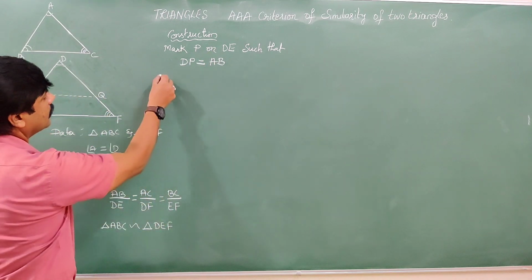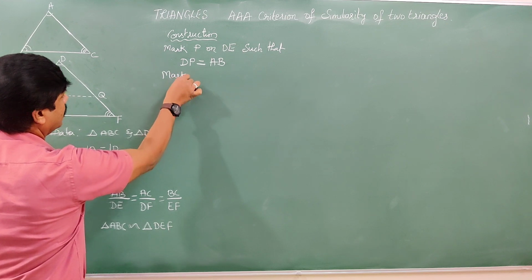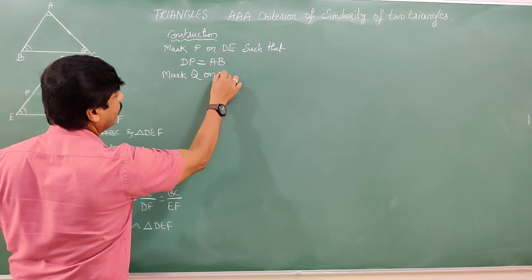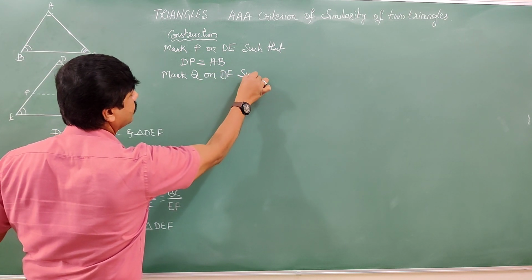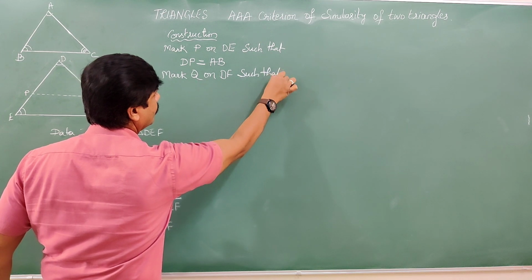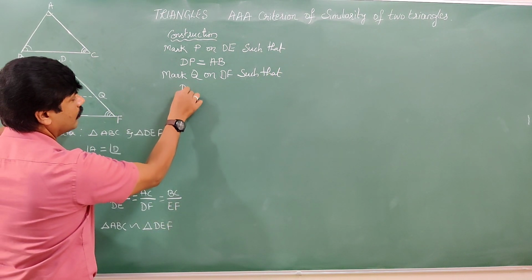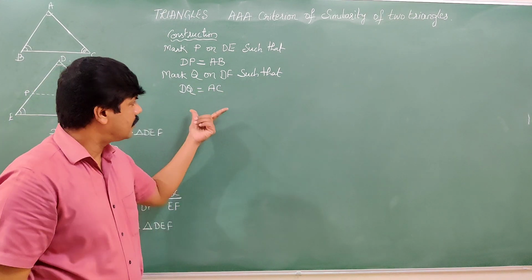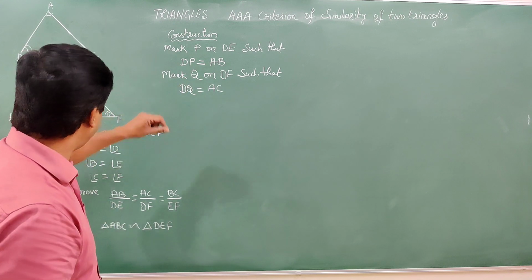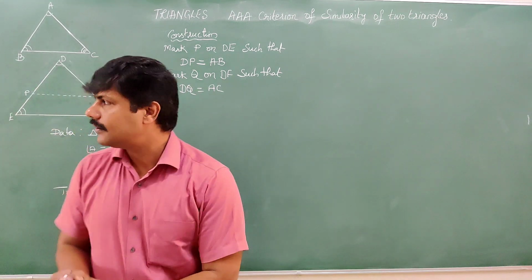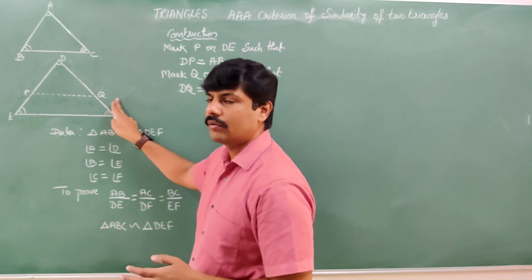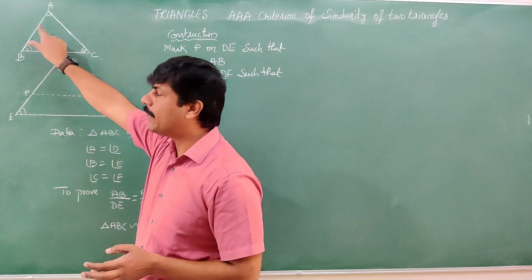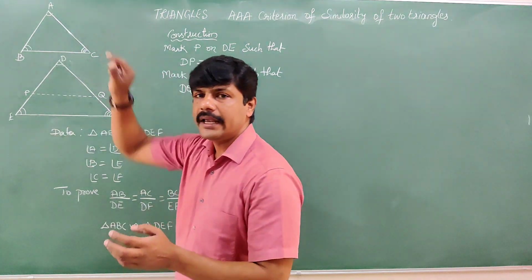And also mark Q on DF such that DQ is equal to AC. This is the construction. We have made a small triangle DPQ whose one side DP is equal to AB and DQ is equal to AC.